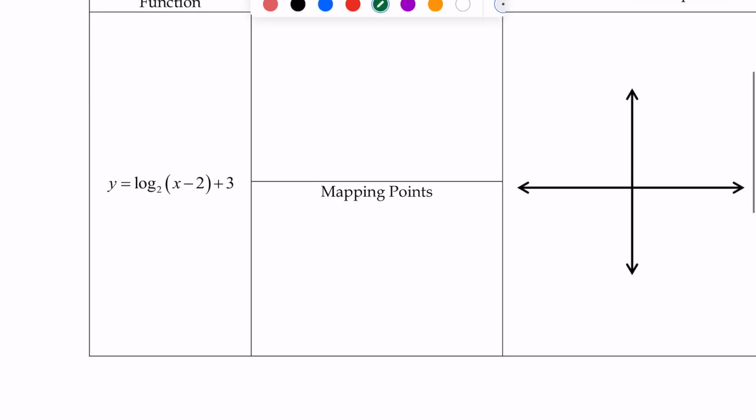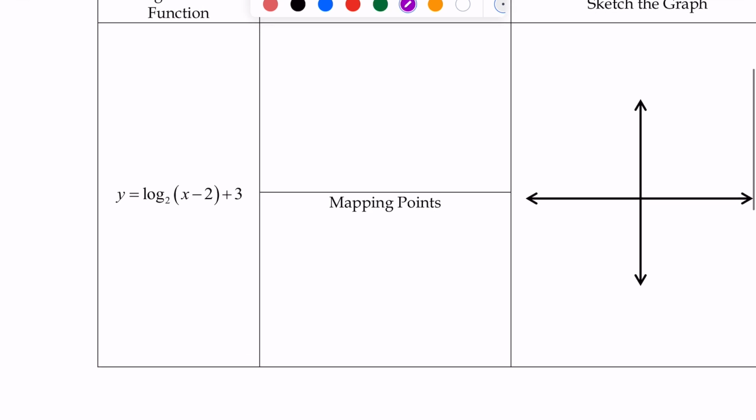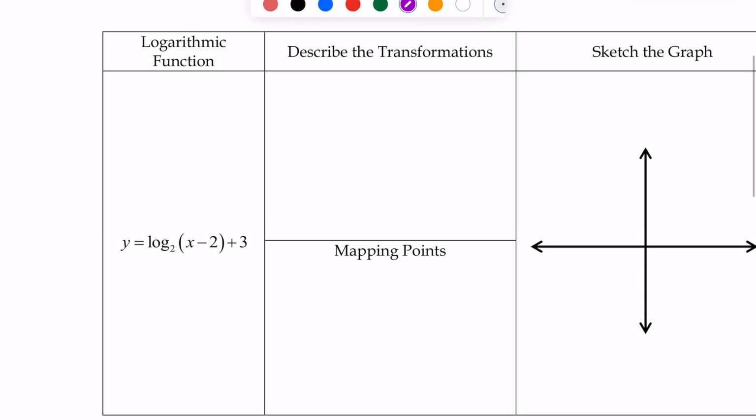Okay, so first example, y equals log base 2, x minus 2 plus 3. Well, what transformations do we see here? When you describe transformations, remember you're always reading them left to right. The first one I see is this negative 2.